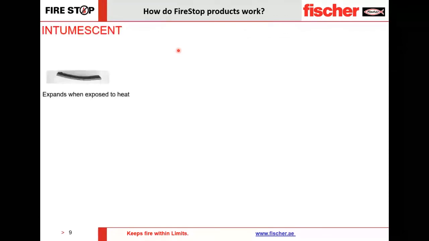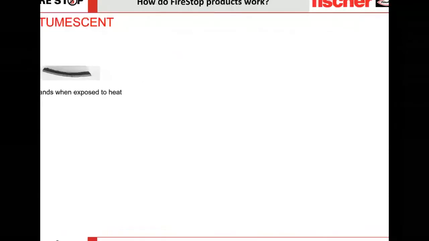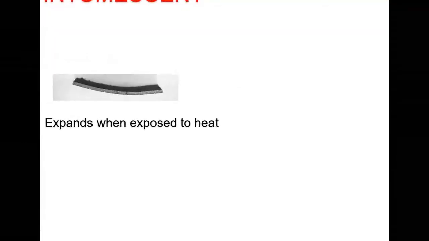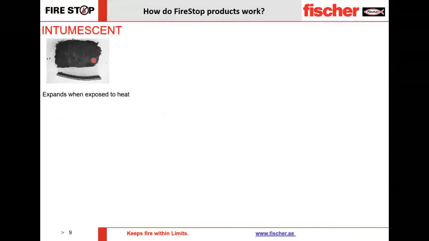Number one is called intumescent. What you can see here on your screen is a small strip of wrap, which expands when exposed to fire. Imagine there is a big gap in the wall and you have a small strip that would close that gap: when there is a fire, it expands and closes that opening.